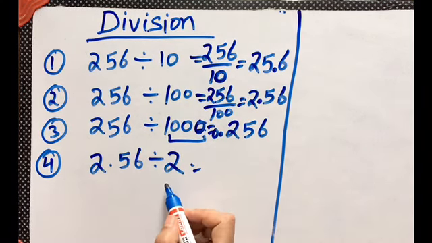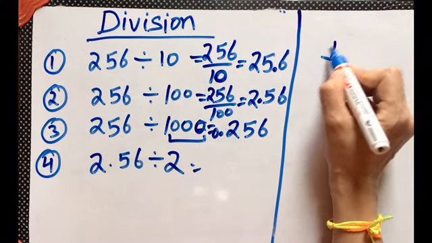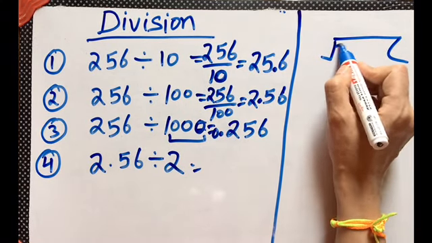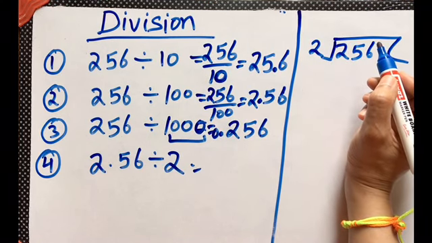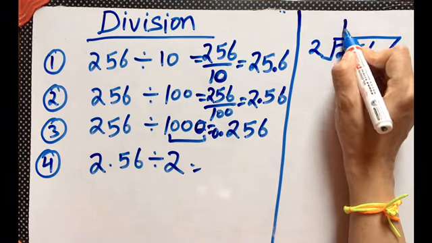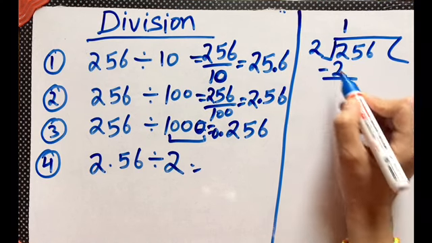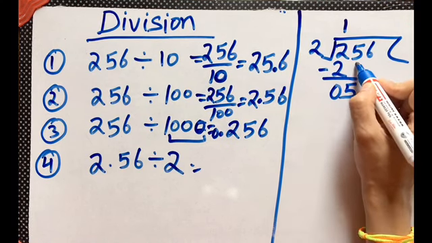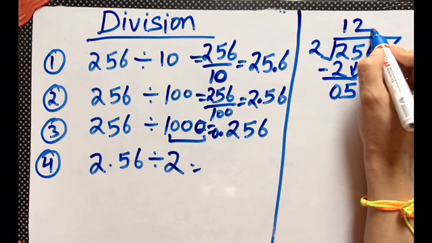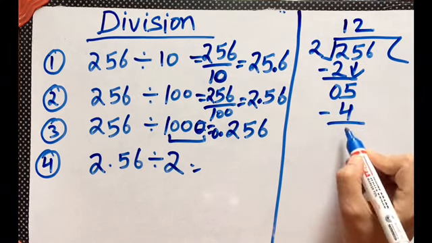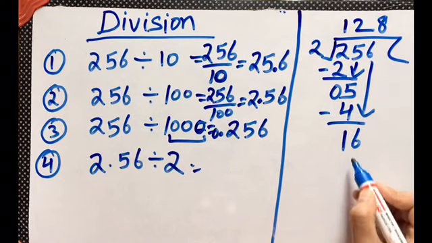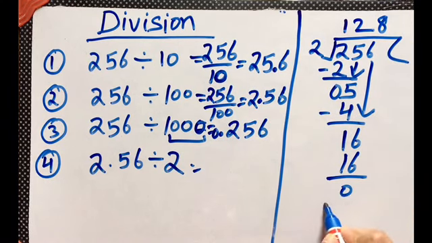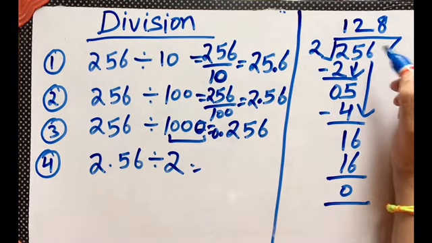Now if you want to divide by any whole number, how are you going to do it? Just take 256 divided by 2, leave the decimal point. Now divide it. 2 ones are 2, minus 0. 5 will come down, so 2 twos are 4, 1. This 6 will come down, 2 eights are 16, 0. Fine. So where was the decimal?